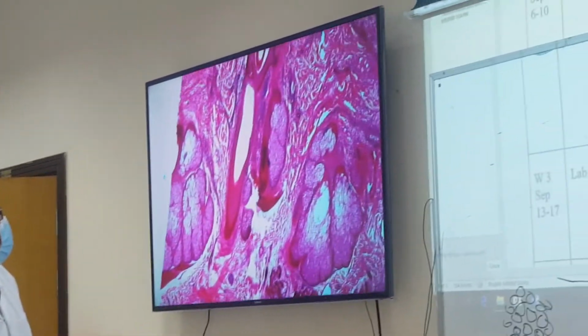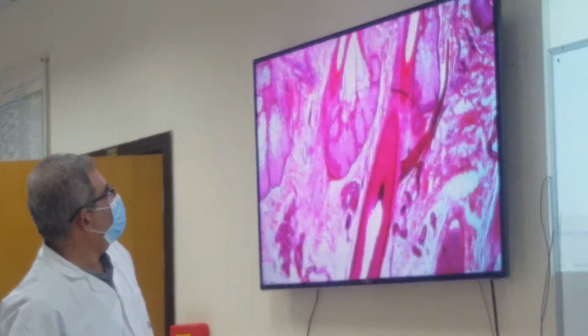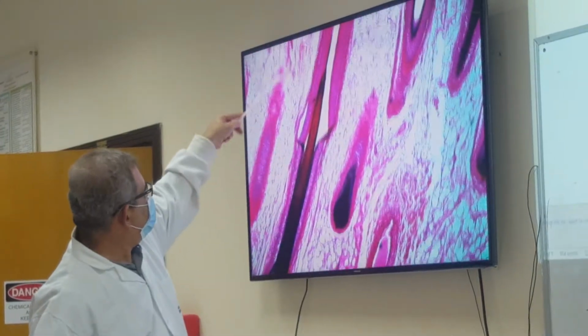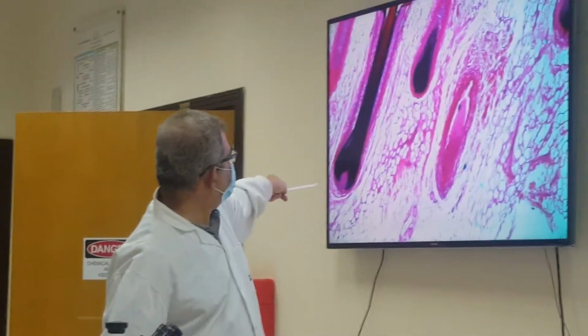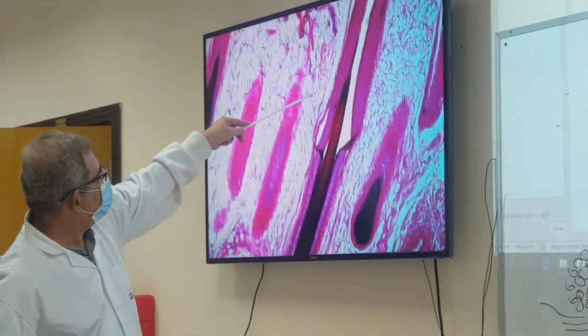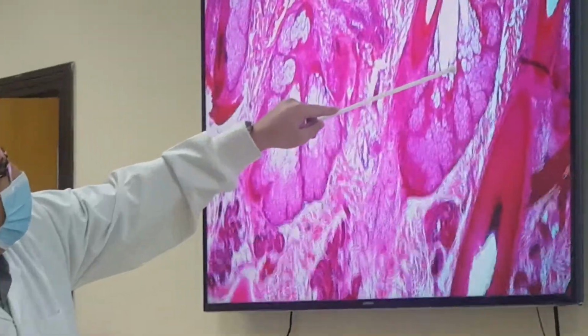But with the sebaceous gland, the first thing you need to look for is their presence next to what? What are these structures here, starting from here and going up like this? Good section, one uncut section. What are these structures?